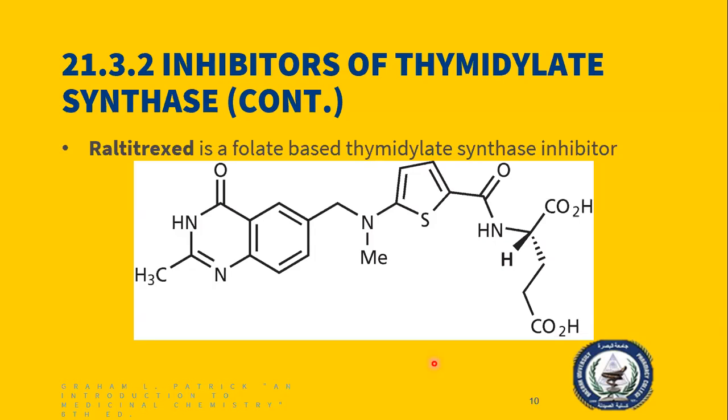You saw from the figure that the enzyme is attached to the uracil monophosphate, and then the tetrahydrofolate will attach. So this one inhibits the enzyme at the folate cofactor site, which makes it, by the way, more selective for the enzyme, and it has fewer side effects than 5-fluorouracil.